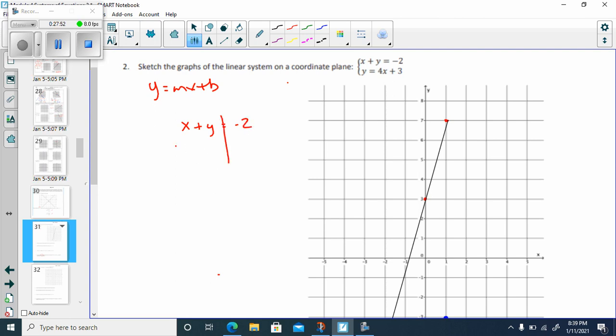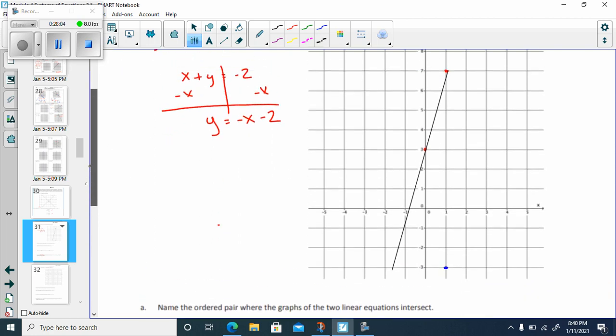To do that, I would subtract x from each side. This becomes y is equal to -x minus 2. See, now it's in y is equal to mx plus b form. All I've done is rearrange it. I start at -2. My slope, since there's nothing there, you know it's 1, so that would be down 1 and over 1. Okay, so let's draw that line.